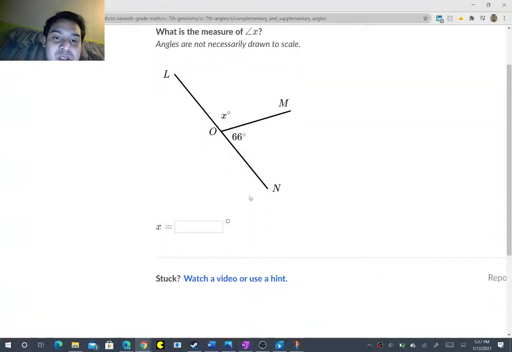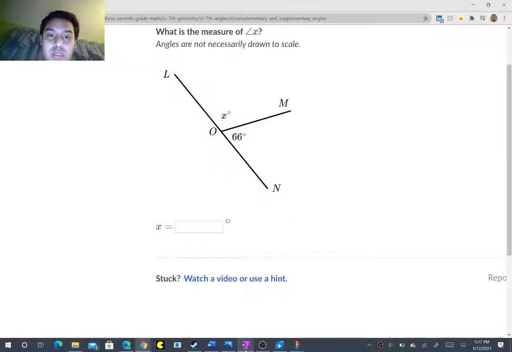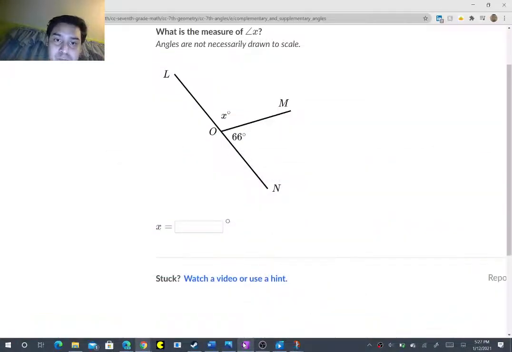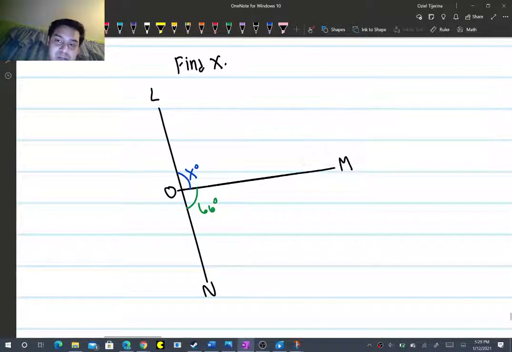I know this one's kind of rotated, but I'm not an artist, so I can't make it exactly how it's drawn. Okay, so this is x degrees. It's drawn to a scale, okay?